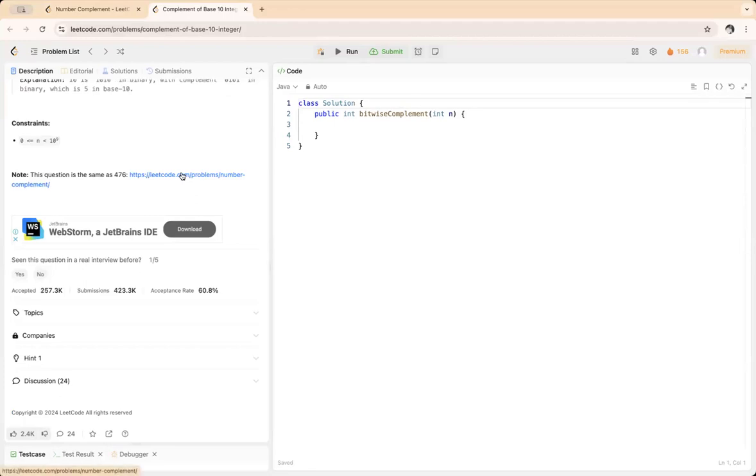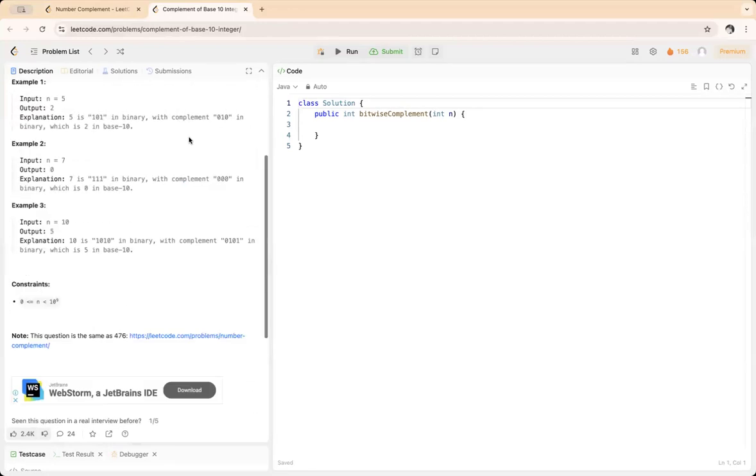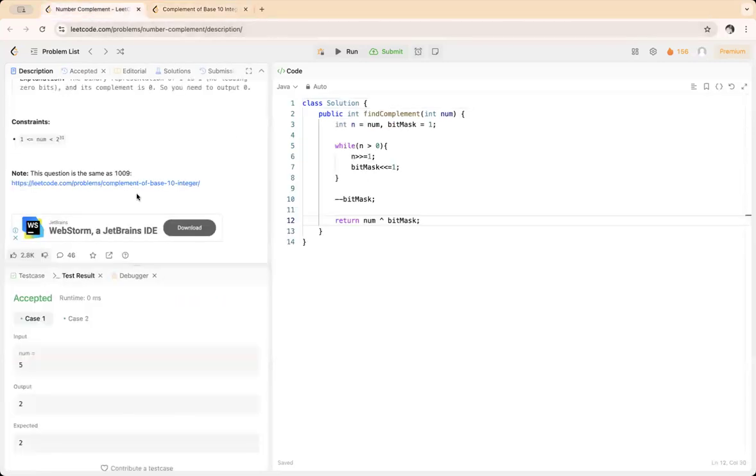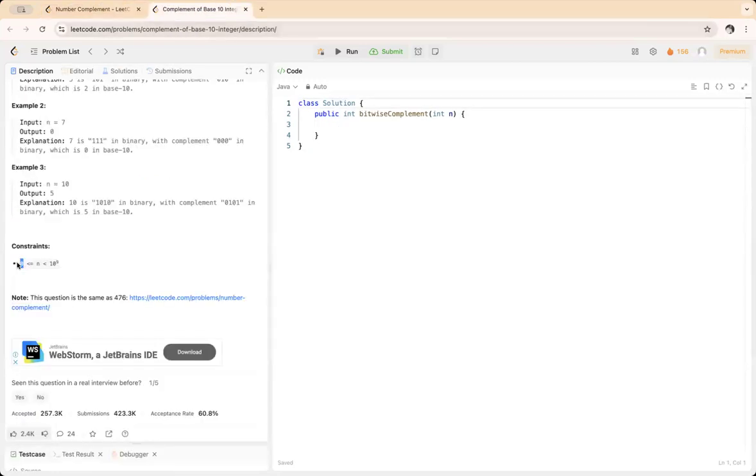So how to solve this problem? For this problem, the constraint specifies that this number is from 0. In the previous problem, the num value can only take values from 1, and here it is taking values from 0. So we have to do one thing over here.